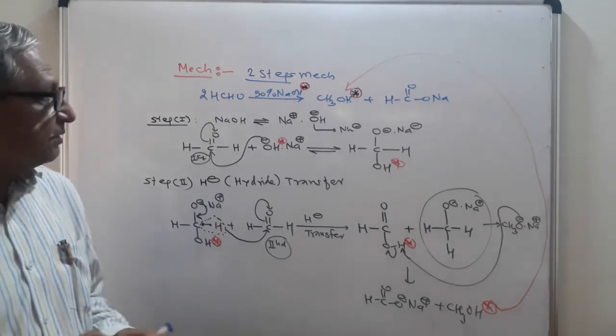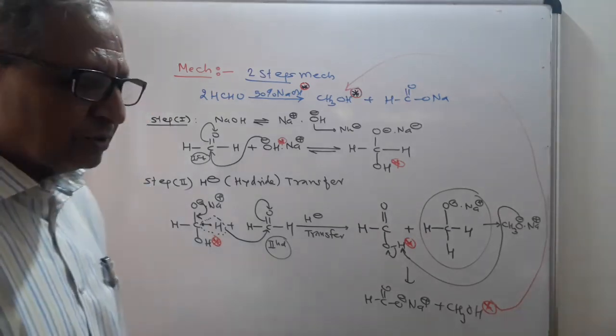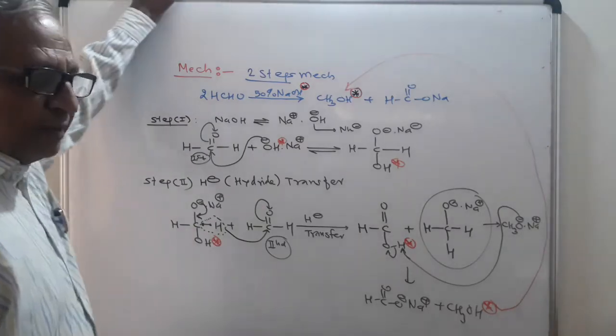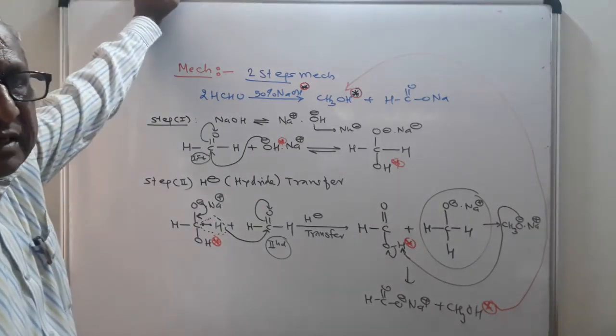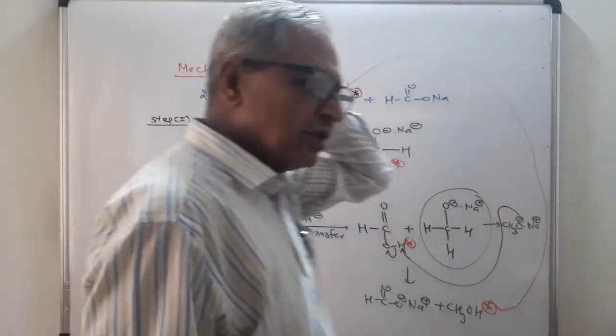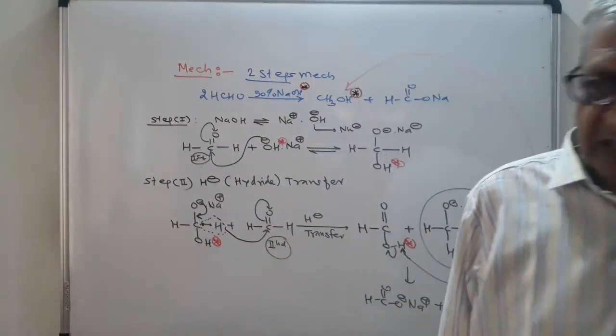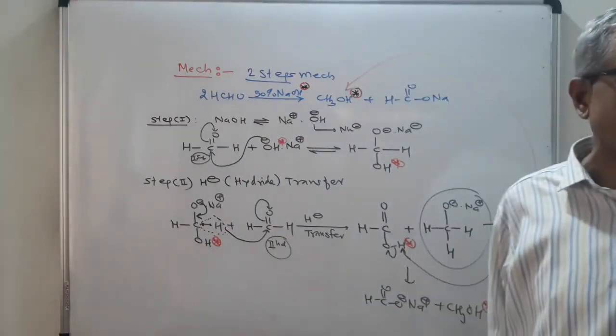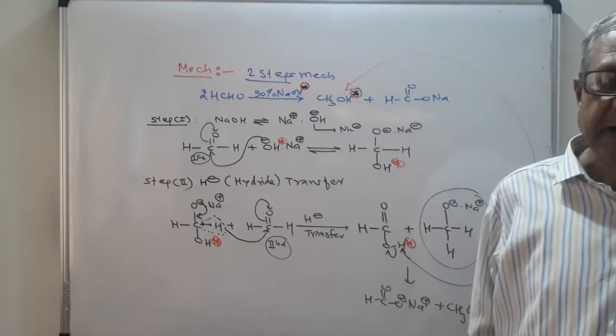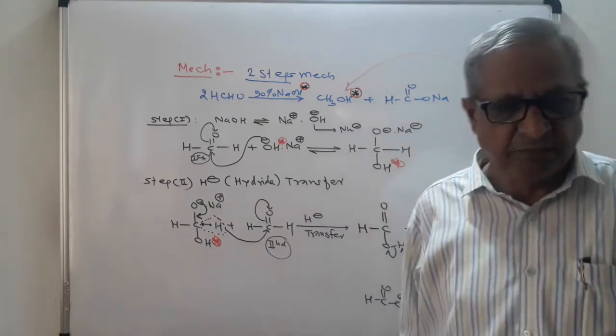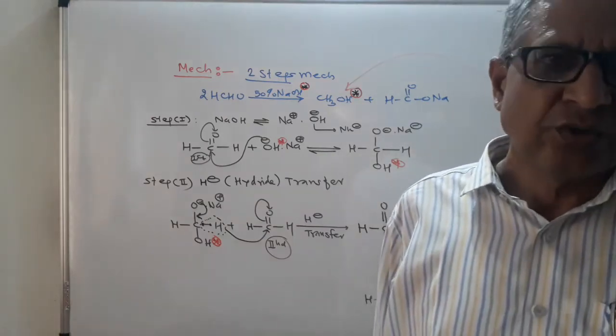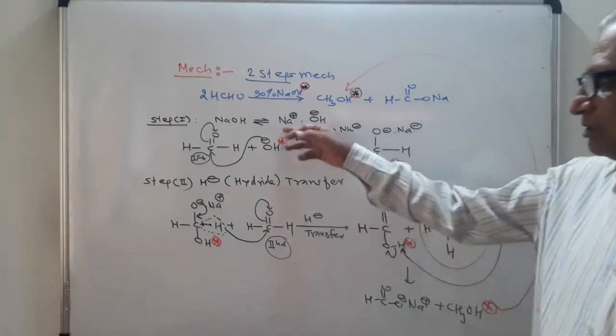So anyone has difficulty about the mechanism of Cannizzaro reaction? So take the brief revision on the mechanism. First question, aldol and Cannizzaro reactions are dash dash and dash dash step mechanism respectively. Aldol condensation mechanism is 3 steps, while Cannizzaro is only 2 steps. See these 2 steps.